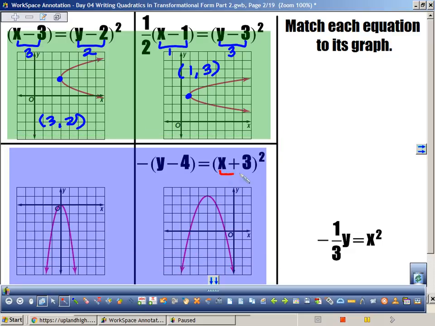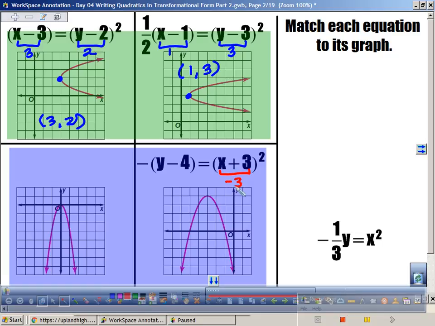So my horizontal shift is -3. So I'm going over 1, 2, 3. And then my vertical shift is +4. So actually my vertex is -3, 4. -1, 2, 3, 1, 2, 3, 4.